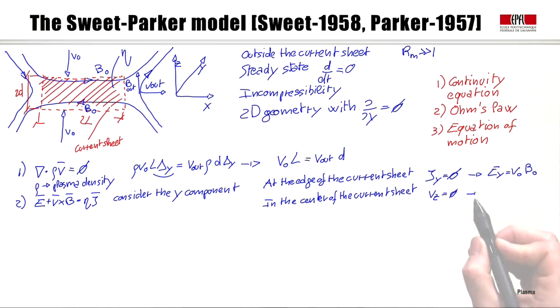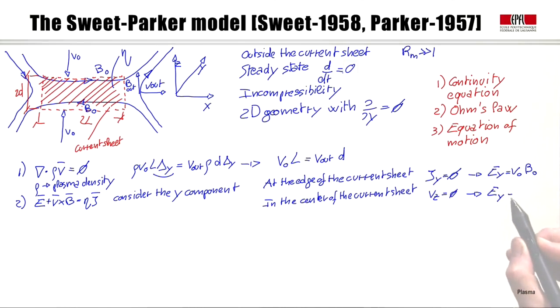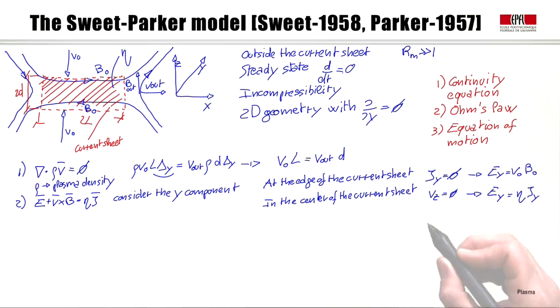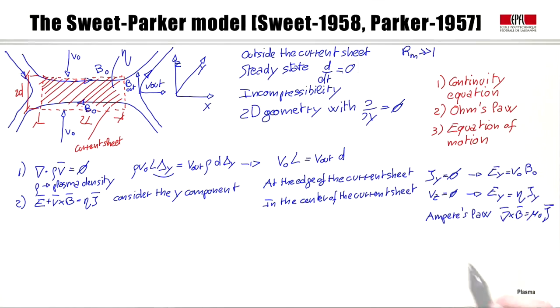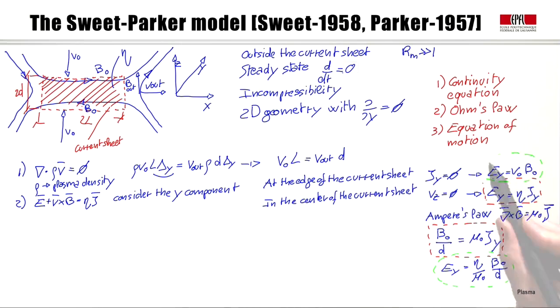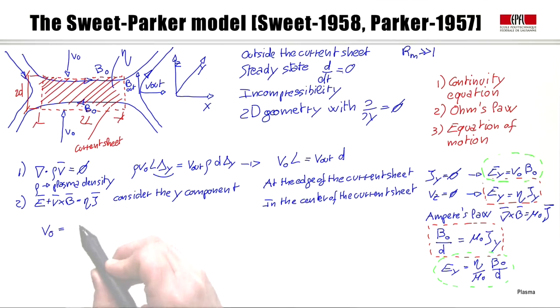We can therefore write that Ey is equal to eta Jy, where eta is the resistivity of the plasma. Now, writing the Ampere's law in the current sheet, we can easily obtain. Now, if we put together this equation and this equation, using these two equations, we can eliminate Ey and obtain.